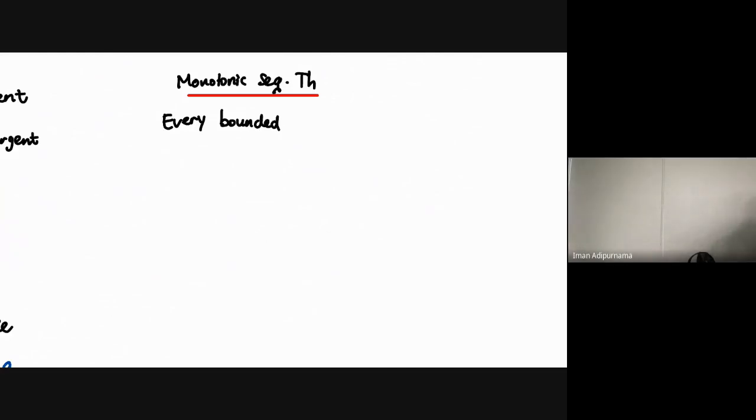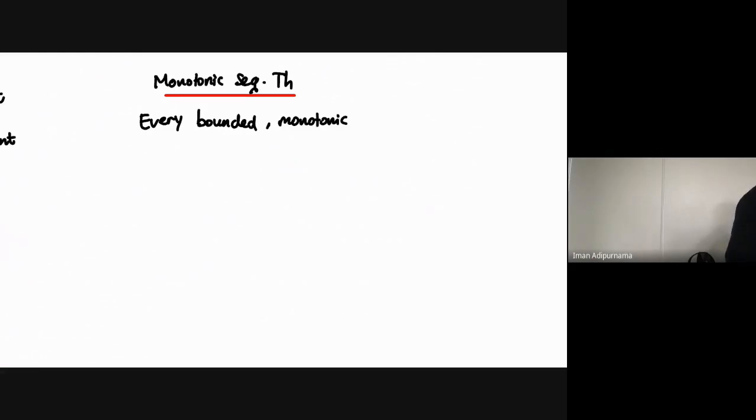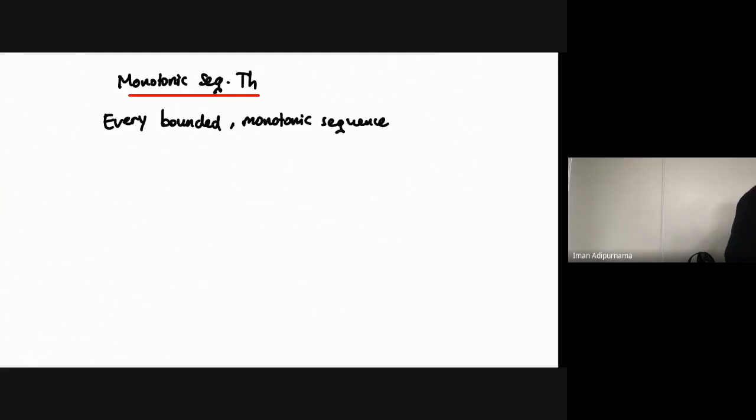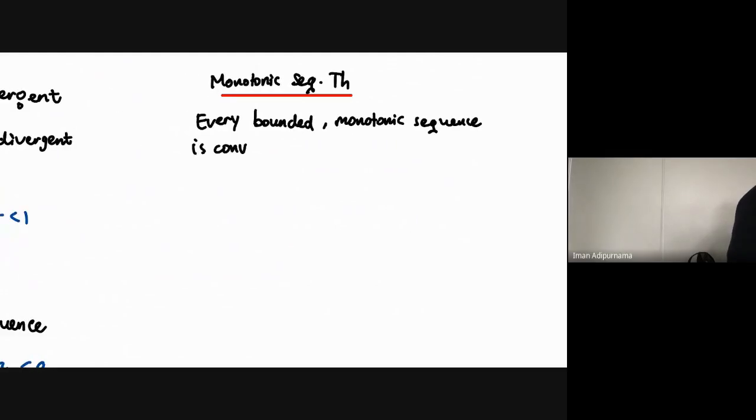To make sure that it's convergent, first it should be bounded. So every bounded and monotonic sequence is convergent. If we just say bounded, it can go on forever like this, not converging to one point, right? So we need to say it should be bounded and monotonic, and then it must converge.